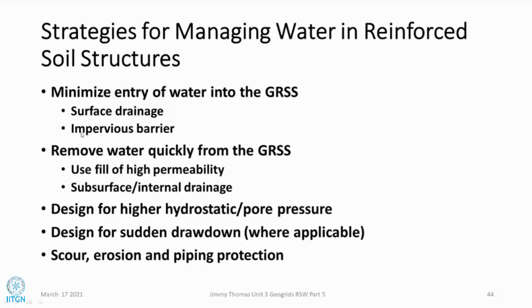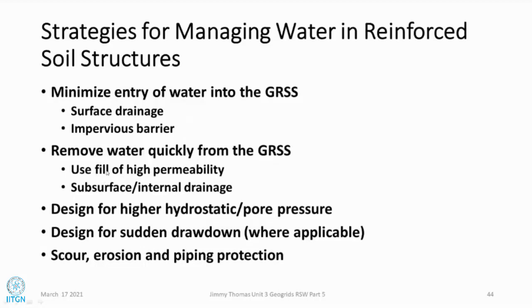And sometimes we can use an impervious barrier slightly below the surface so that water does not enter into the reinforced soil zone. Then second is to remove water quickly from the reinforced soil zone. We cannot prevent the entire water from entering. So even if water enters, it should flow out quickly.